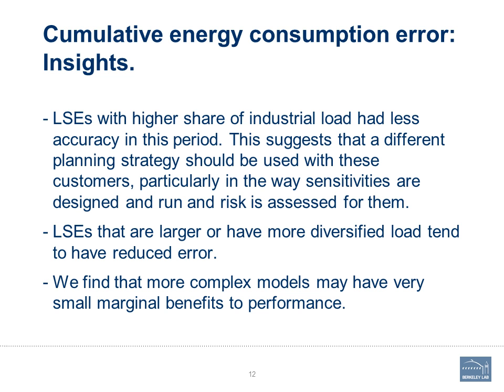What we also found is that the LLCs that are larger in size or have a more diversified load tend to have a reduced error. And we believe this makes a lot of sense because larger LLCs possibly have service territories in several different states. I'm thinking, for example, of PacifiCorp, which is one of the larger LLCs that we analyzed.